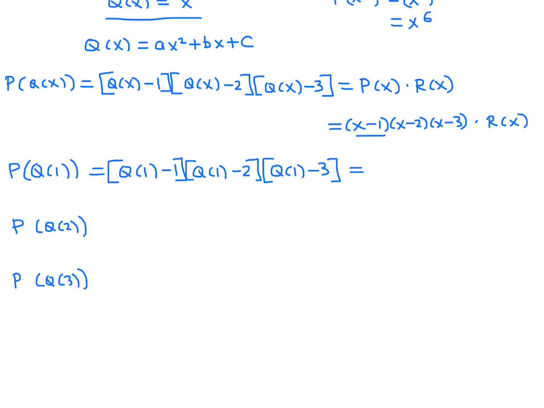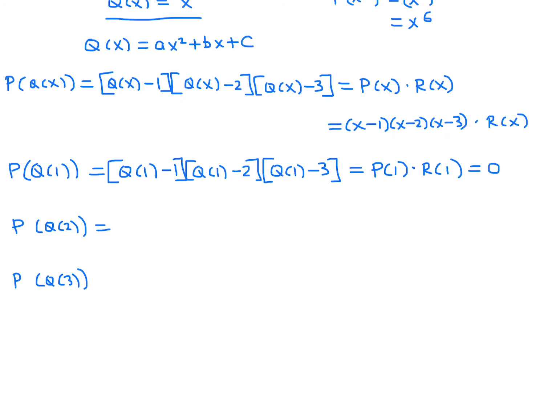And if x is 1, then this will become 0, since 1 minus 1 is 0. Okay? So instead I'll just put P(1) times R(1), and that is equal to 0. Correct? x was set as 1 in this equation, and P(x) is this, and if you put x as 1, this whole thing becomes 0.